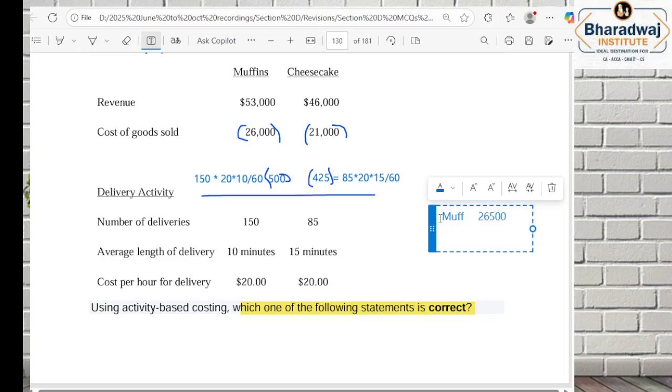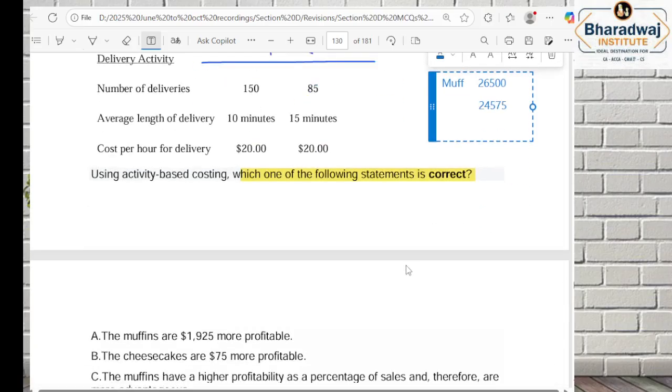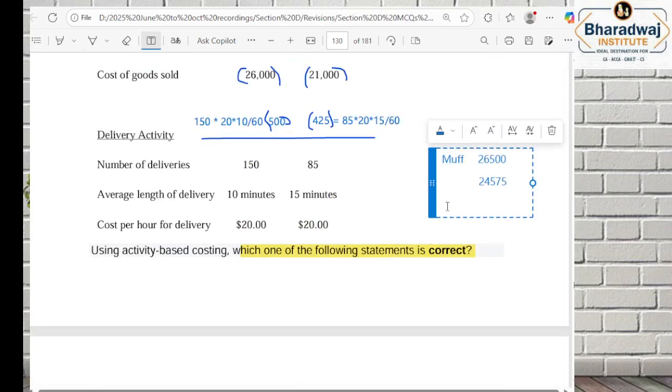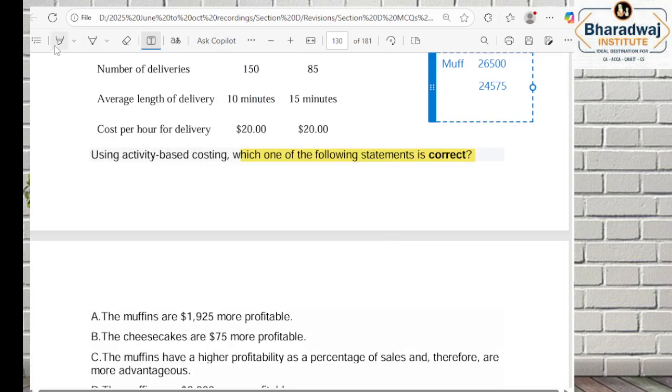The other one: 24,575 ... the profit changes by 75. So simple. The answer is B.